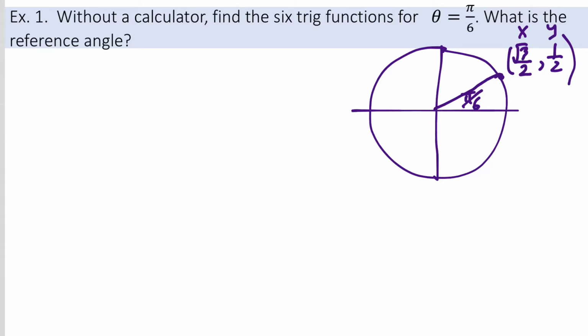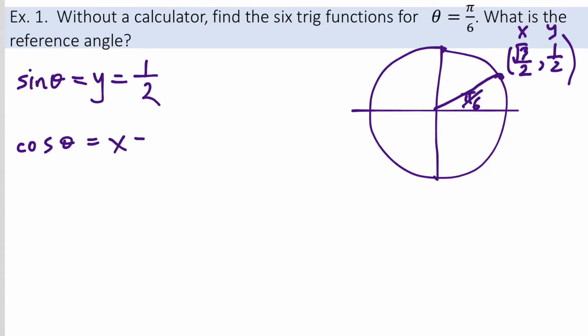So by the definition established about your unit circle, your sine of theta is equal to your y value, so that's equal to 1/2. Your cosine of theta is equal to your x value, that's root 3 over 2.